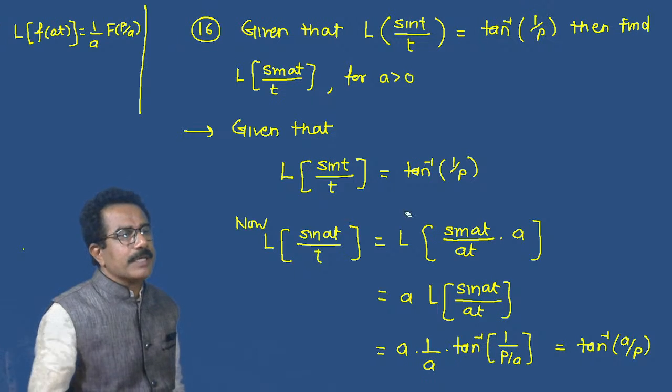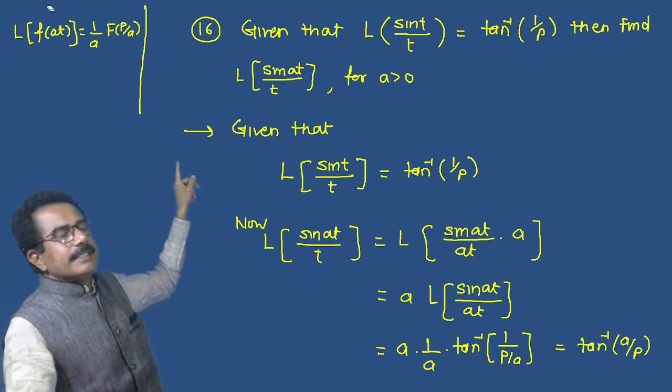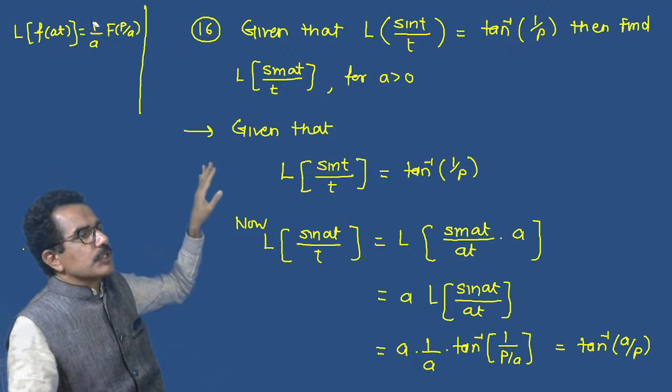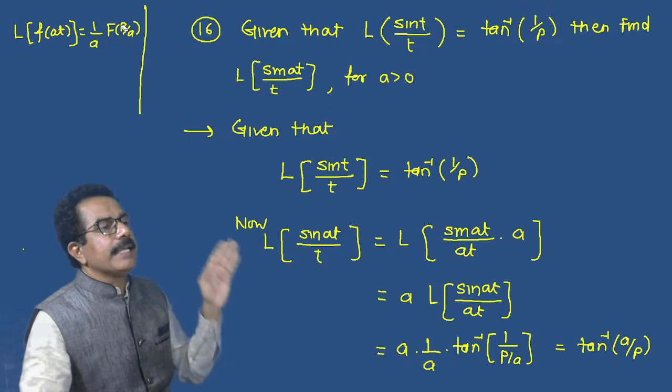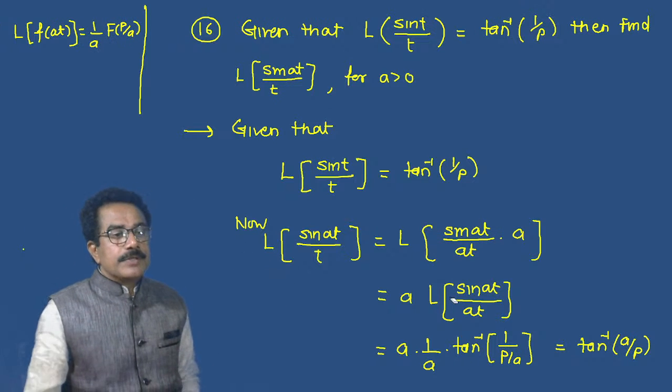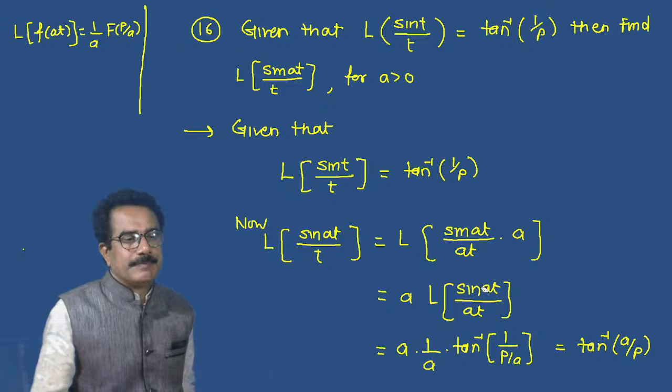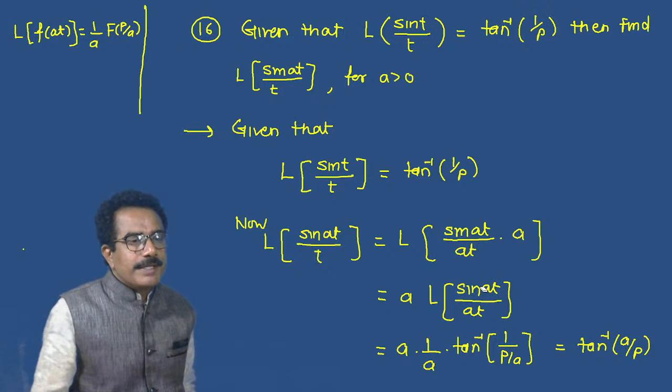We know this is the definition, this theorem we have to use: the Laplace transformation of f of a t is equal to 1 by a capital F of p by a. Here sine is f of t, but this is f of a t.